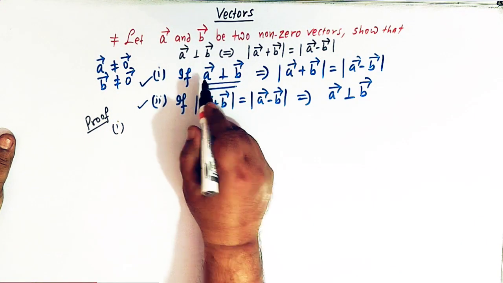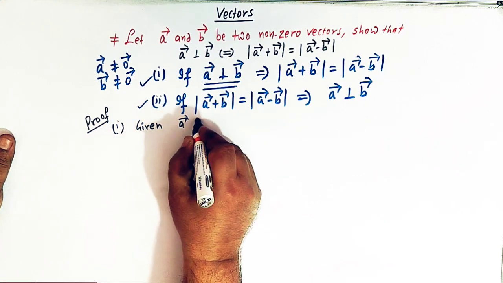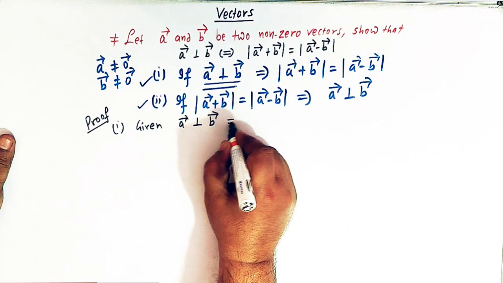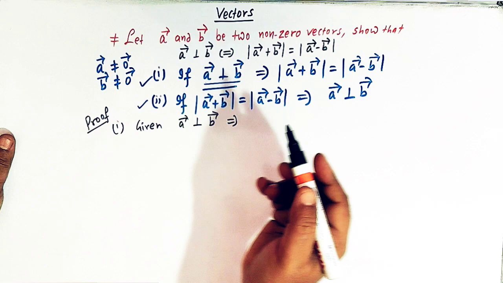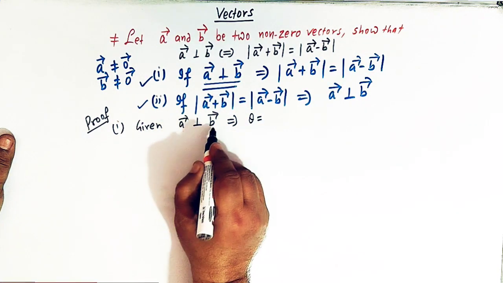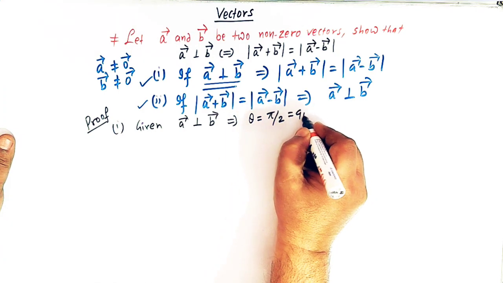Here we are given that the vector A is perpendicular to vector B, right? And when vector A is perpendicular to vector B, it means the angle theta between them is pi by 2 or 90 degrees.